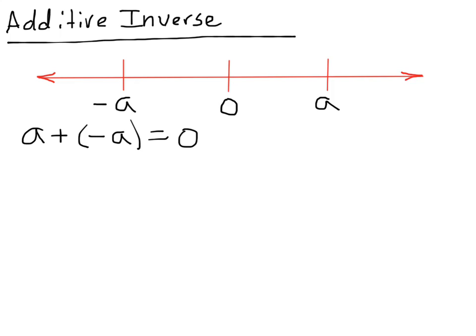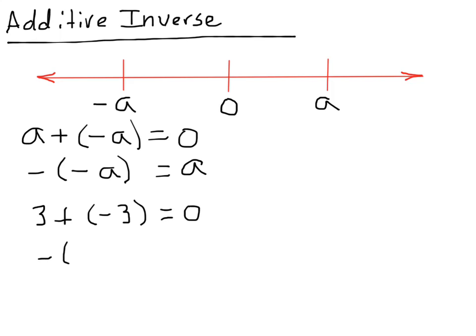And the thing about the additive inverse is that it's what you add to a number to get to 0. Also, the additive inverse of the additive inverse is the number. So in other words, a negative A is the positive A. And so, as an example, if we have the number 3, the additive inverse of 3 is -3, so 3 plus -3 equals 0. And -(-3) equals 3.